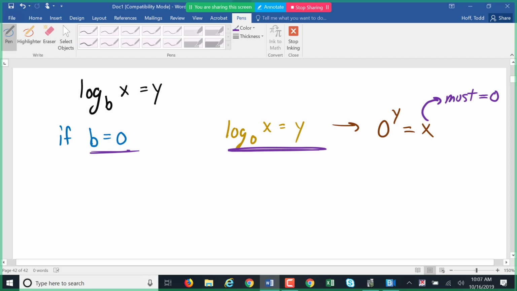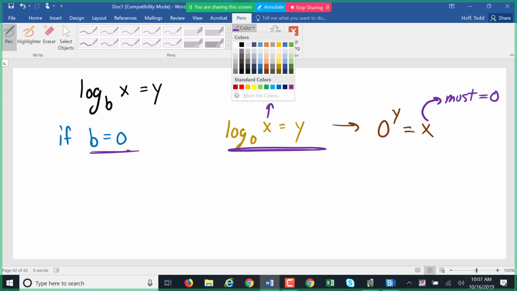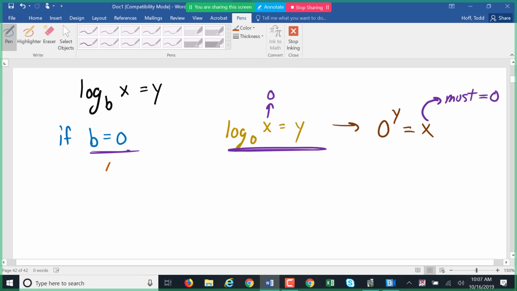It's redundant. It's just saying 0 equals 0. It doesn't matter what value y is because x must be 0, and 0 to any power is going to give us 0. So we do not allow, in a logarithm, the base of the log to be 0.